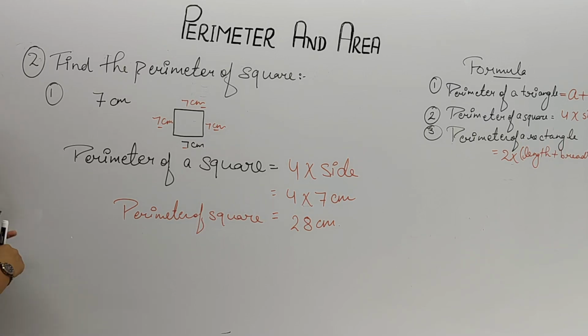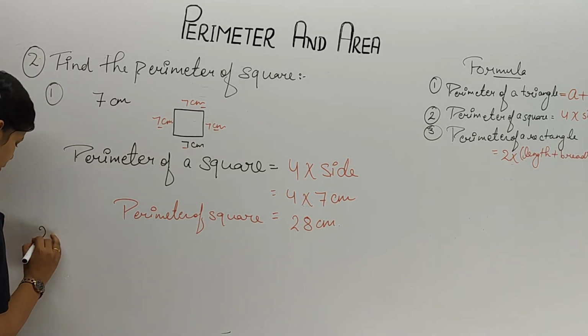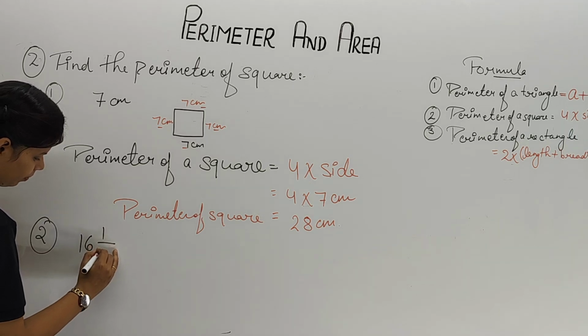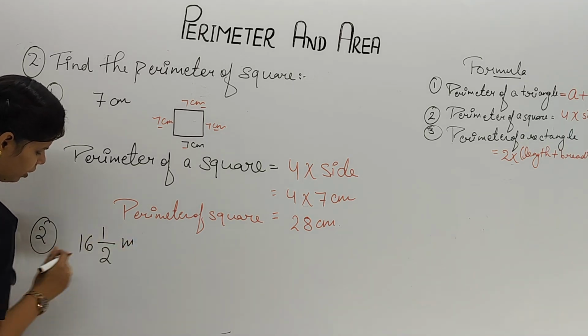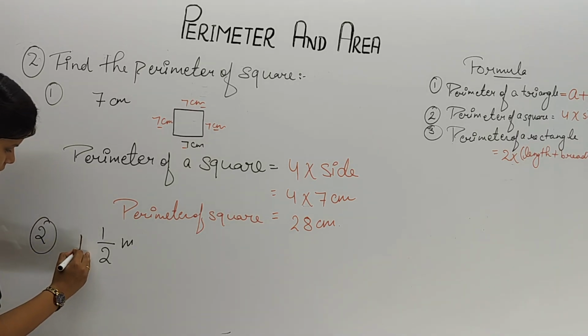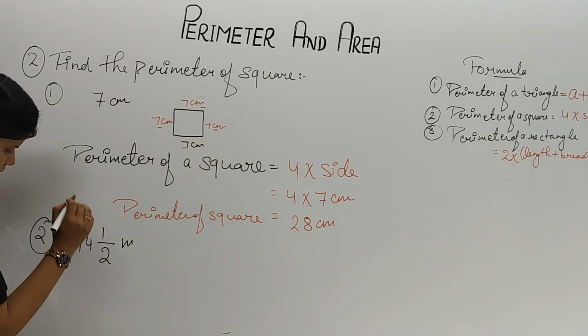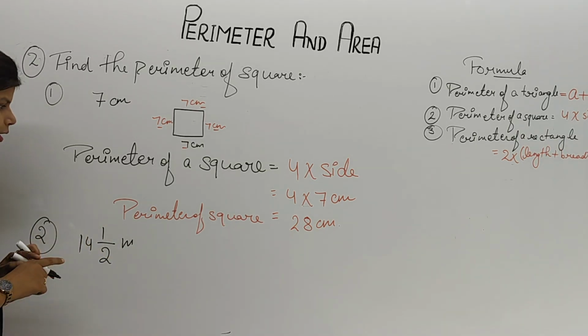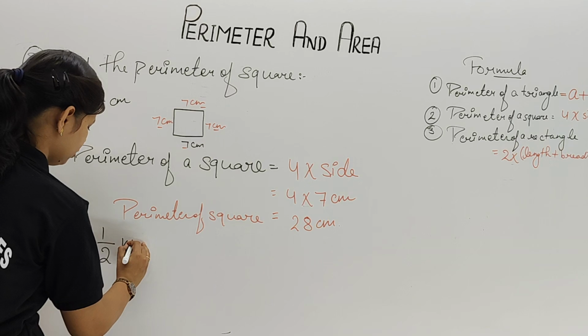Like next pattern for us, if your question is written 14 whole 1 upon 2 meter, or in place of 14 you can write any other number as well. Here also one fractional term came. Now what will you do? Again, your side is given.